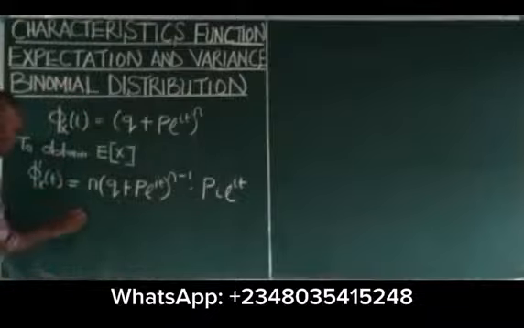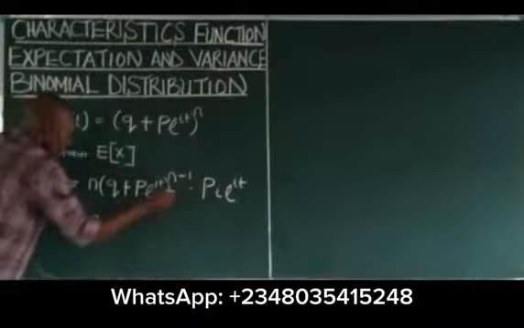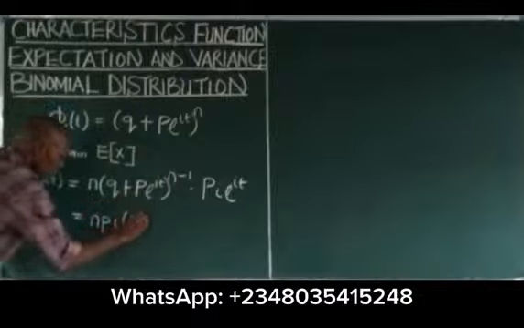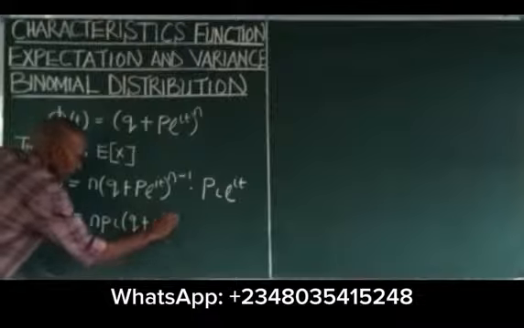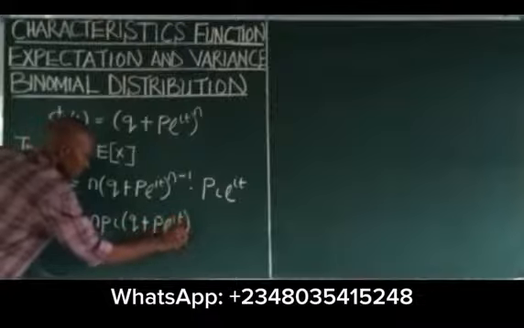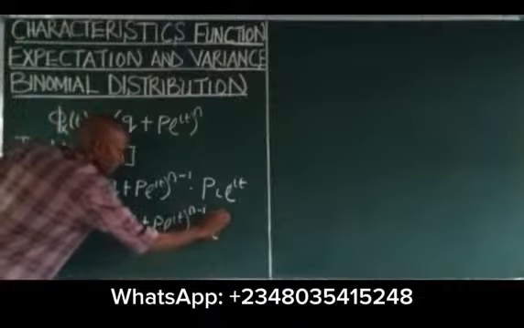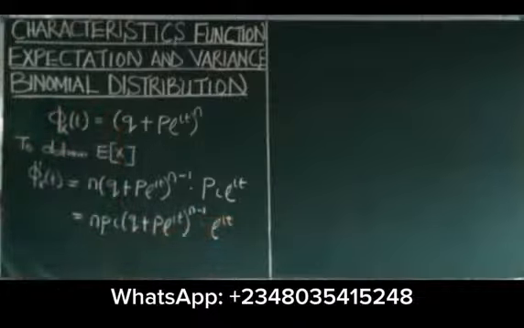Rearranging this, we can write it as n, we bring down this pi, (q + p e^{it})^{n-1} multiplied by e^{it}. So this is the first derivative of t.